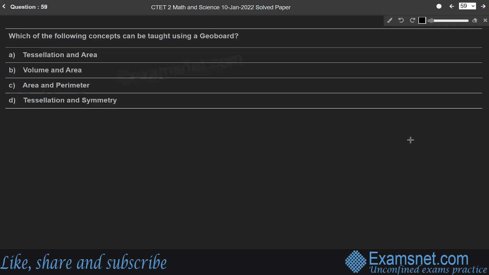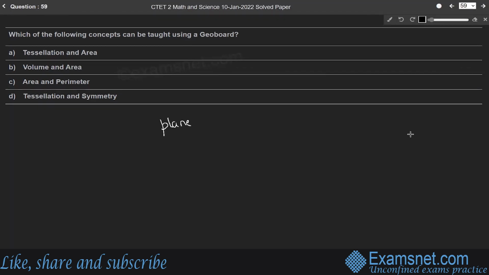Question 59. Which of the following concepts can be taught using a geoboard? Tessellation and area, volume and area, area and perimeter, tessellation and symmetry. Here, a geoboard is a mathematical manipulative used to explore basic concepts in plane geometry, such as perimeter, area, and characteristics of triangles and other polygons.